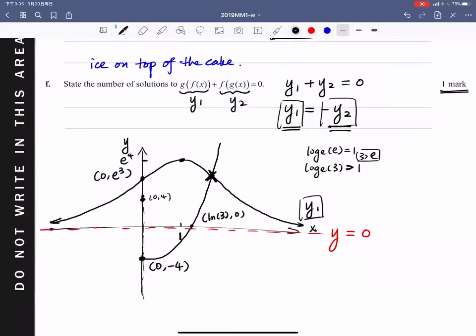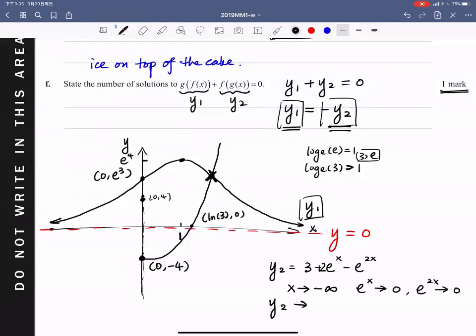Then I just need to predict how the graph will look before x equals 0. Have a look at the equation: y equals 3 plus, sorry, 3 minus 2e to the power of x, minus e to the power of 2x. If x gets to a very small number, like negative infinity, then e to the power of x will get towards 0, e to the power of 2x will get towards 0 as well.